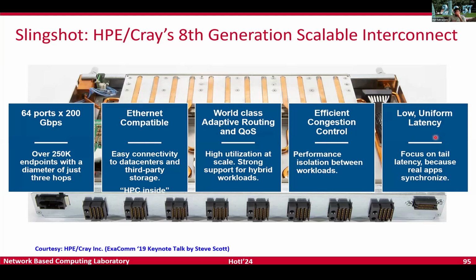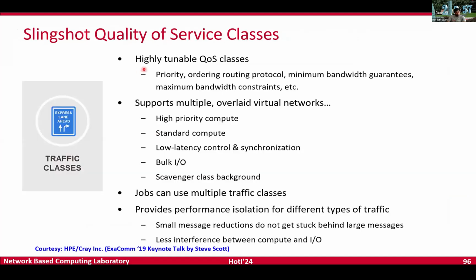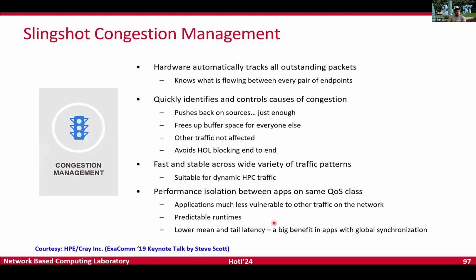This was their main focus, as described by Steve Scott in the 2019 keynote at the ExaComm workshop. Slingshot has a highly tunable set of QoS classes, and they support multiple overlaid virtual networks so that you are able to minimize your jitter and provide excellent performance isolation for different kinds of traffic, so that small messages are not stuck behind large messages.